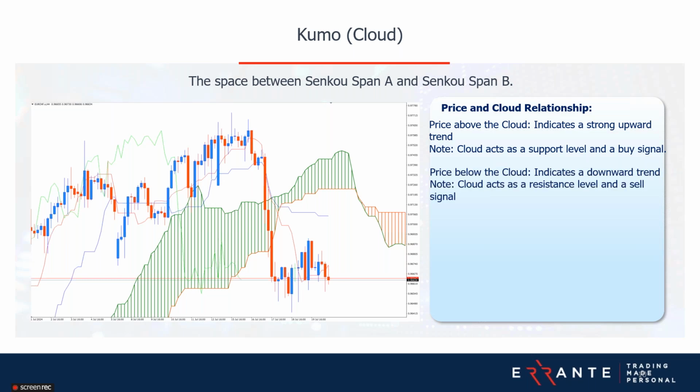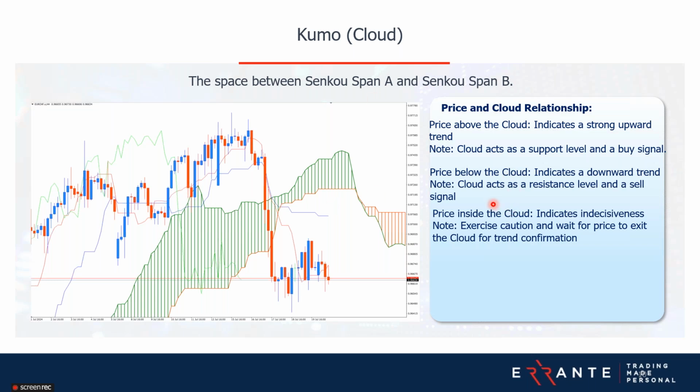Let's check: when we have the price above the cloud, it indicates an upward trend, and of course, price below the cloud indicates a downward trend. So when the price is moving above the cloud, we consider the cloud as acting as a support level, and any rebound from that, or let's say completed pullback to the cloud, can be considered as a buy signal, and vice versa.